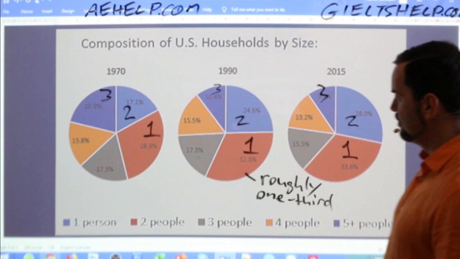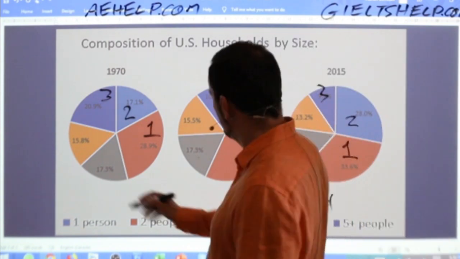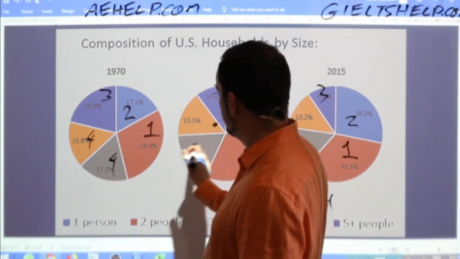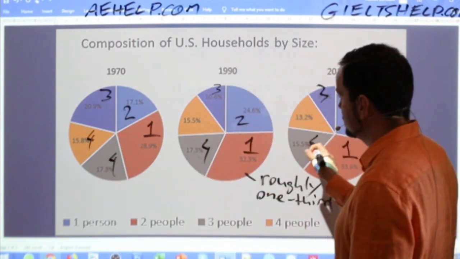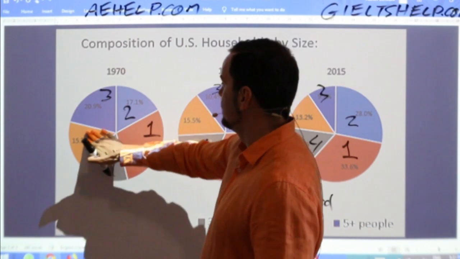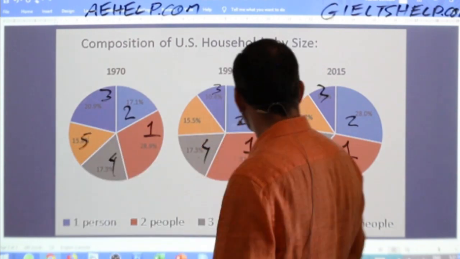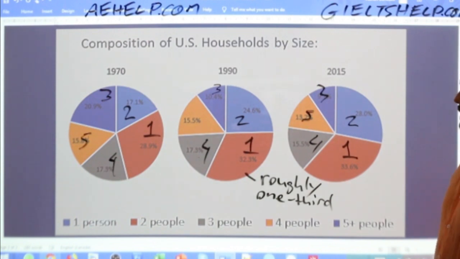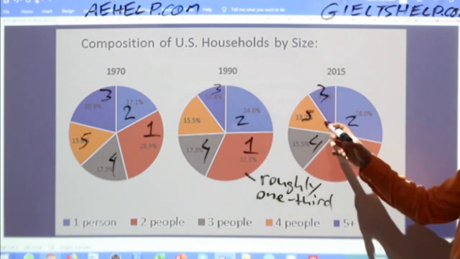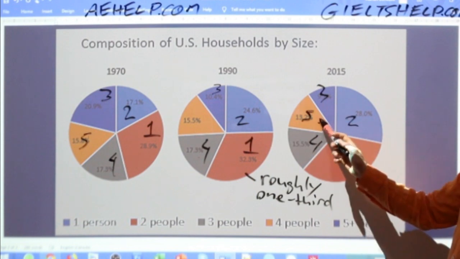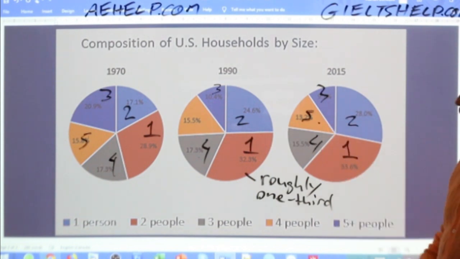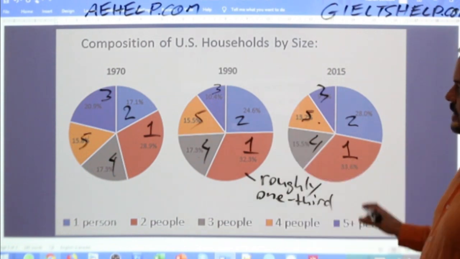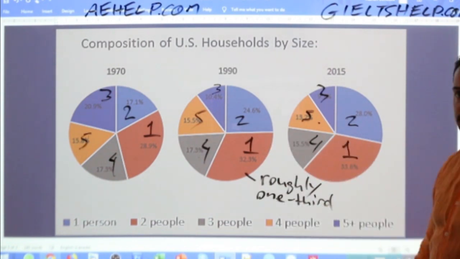My fourth point would be maybe this one here, the 3-person, and my last point, my fifth point would be this one. These ones don't change all that much. Okay. There's slightly less in these years, but they don't change much. Okay, good. So we have our points. Okay, those are our points for comparison.